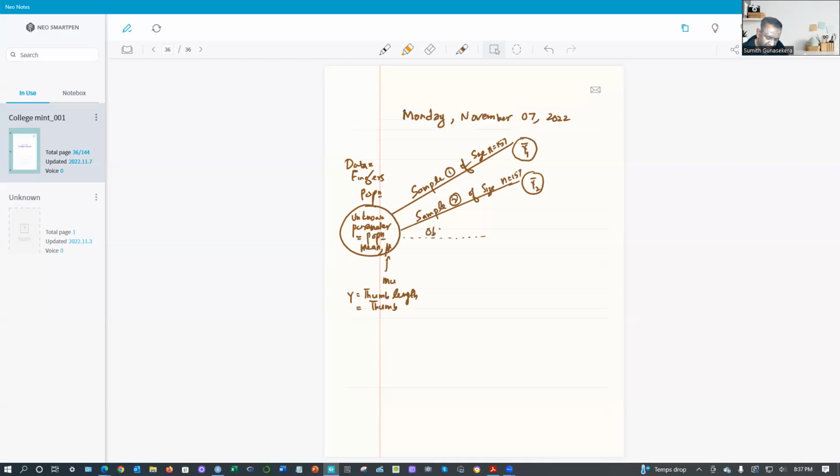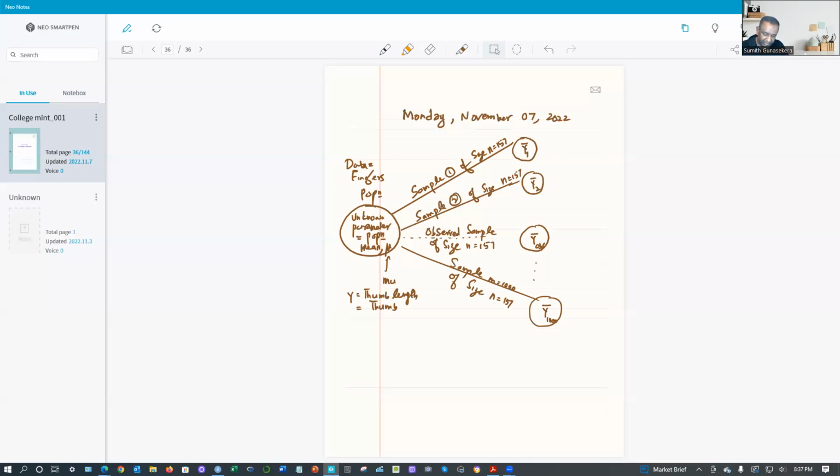At the same time, we have an observed sample, can you remember, of size n equals 157. I would call that y bar obs. That value we know. And we keep going, let's say to sample m equals 1000 of size n equals 157, giving y bar 1000.